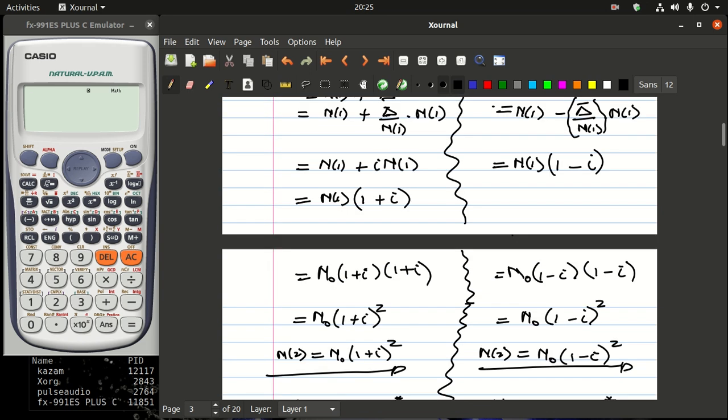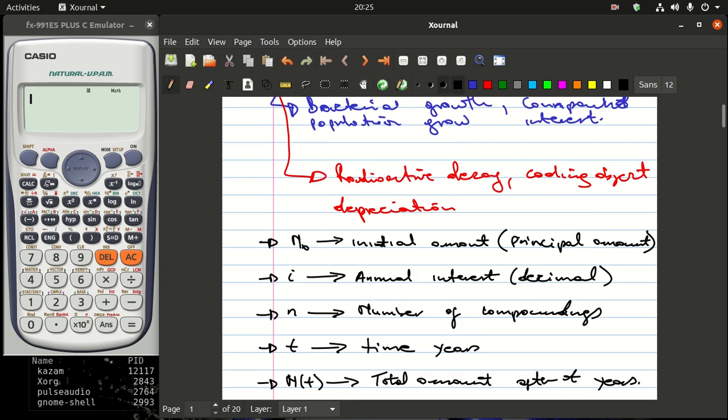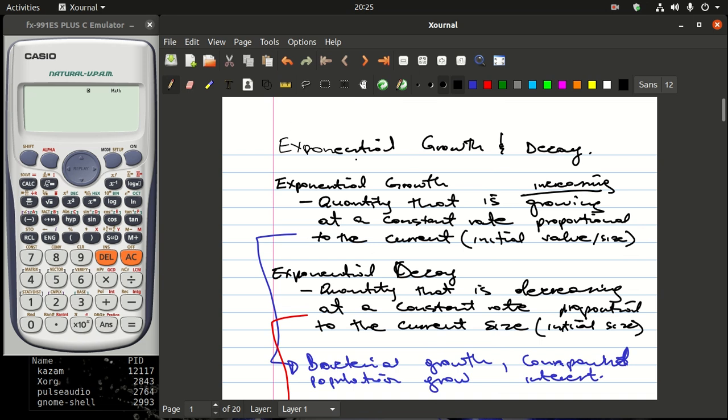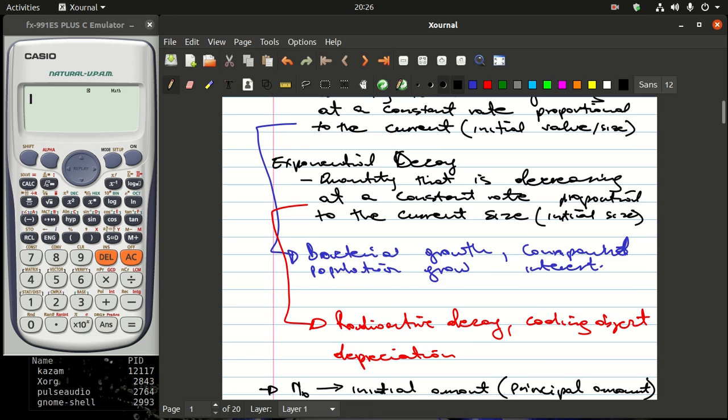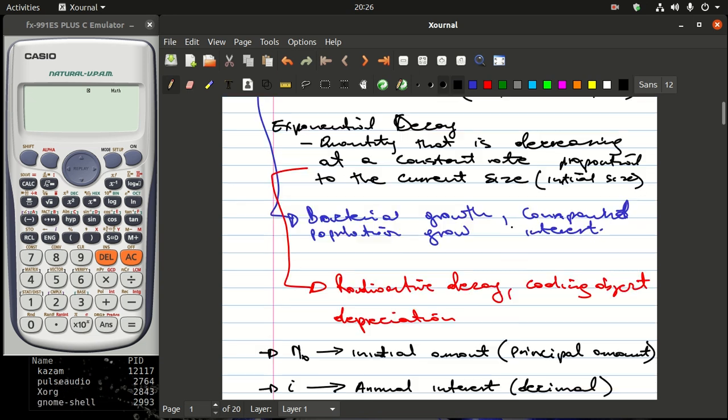Just a quick recap before we move forward. We said that we wanted to talk about exponential growth and decay. What is an exponential growth? An exponential growth is when you have a quantity that is increasing at a constant rate proportional to the current size, right? If we are starting at the beginning, it is an initial value. Now, the exponential decay is when you have a quantity that is decreasing at a constant rate proportional to the current size.